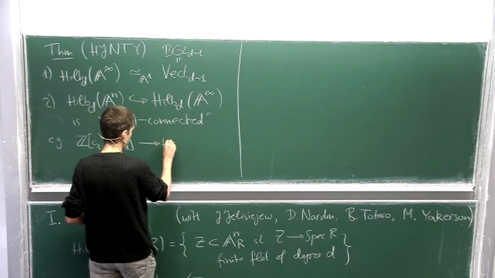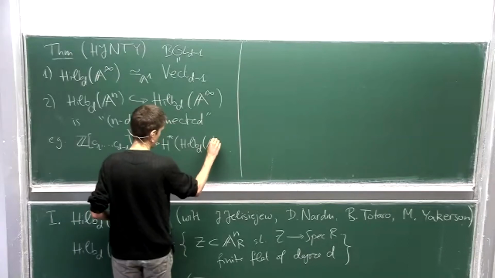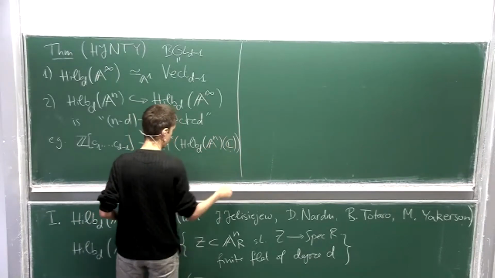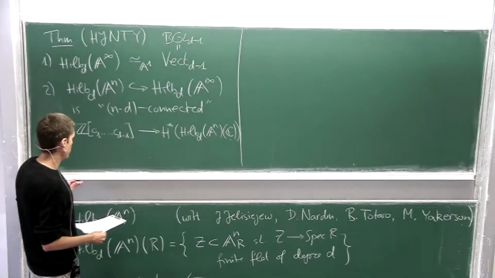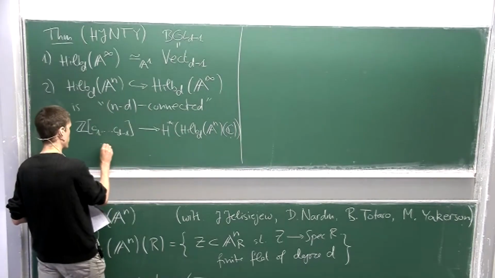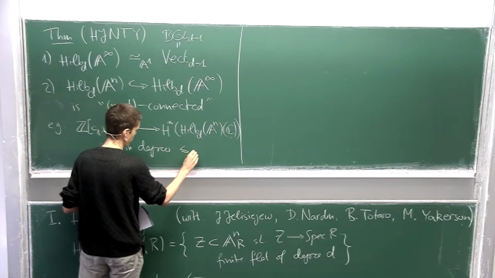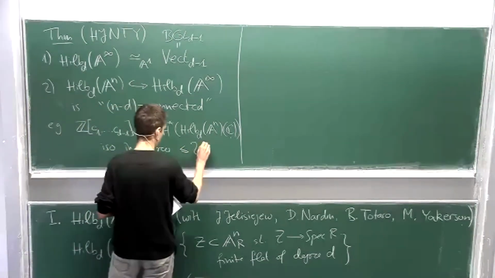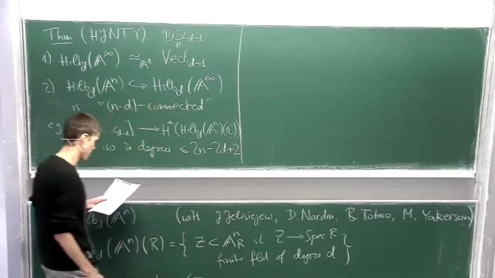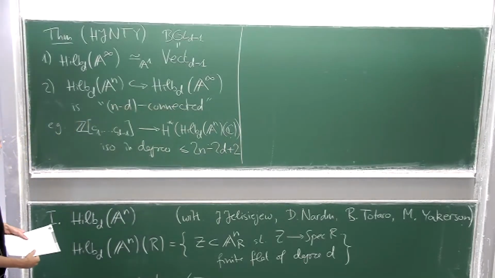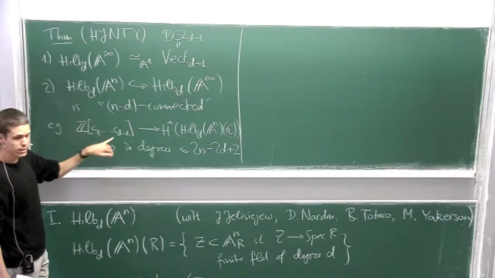And there's going to be a map from this to the cohomology of this Hilbert scheme, now looking at the complex points of it. This connectivity translates to the fact that this is an isomorphism in degrees less than or equal to 2n minus 2d plus some number, and here Ci has degree 2 times i in this polynomial ring. So this is the Chern class.